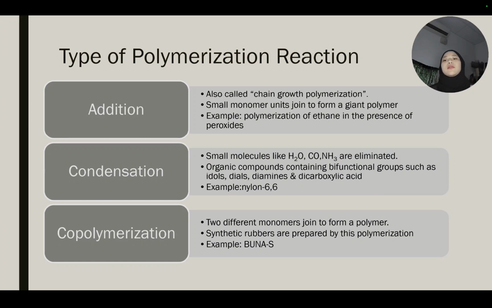For copolymerization, two different monomers join to form a polymer, and synthetic rubbers are prepared by this polymerization.